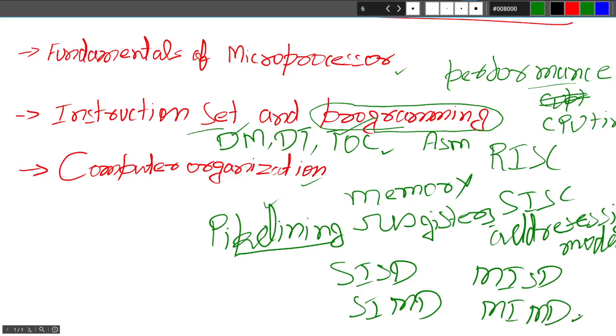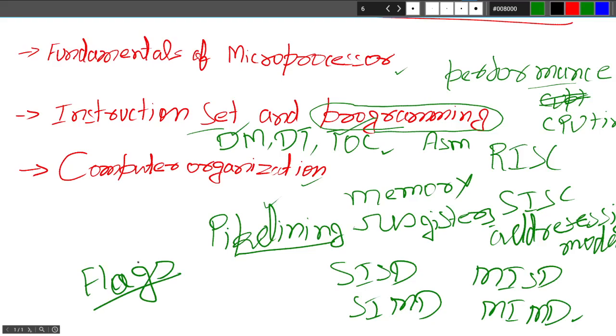Along with that, you will also see some other related information of dependencies, how instructions are dependent on each other. You will also see how instructions can be scheduled. You will see the information related to flags, what flags are there with your processors, what they are responsible for, and how their values change on what kind of things.